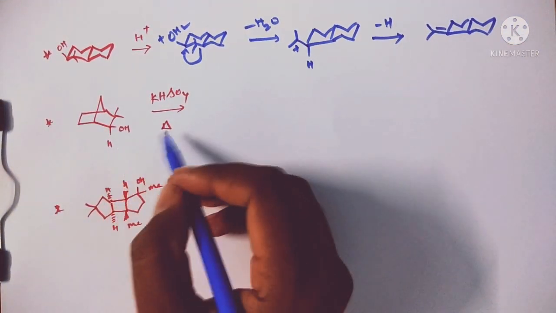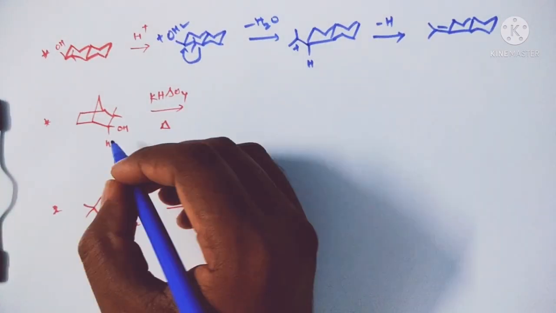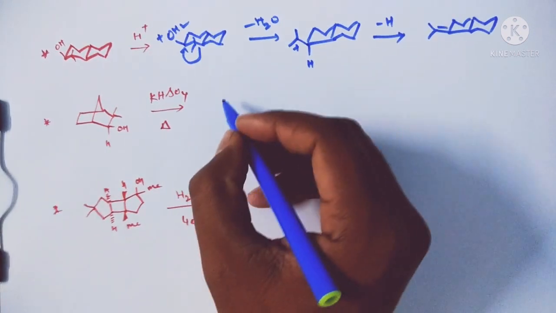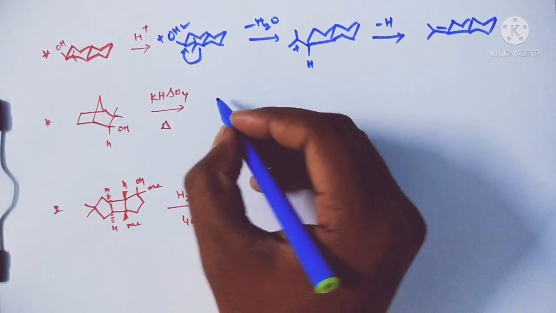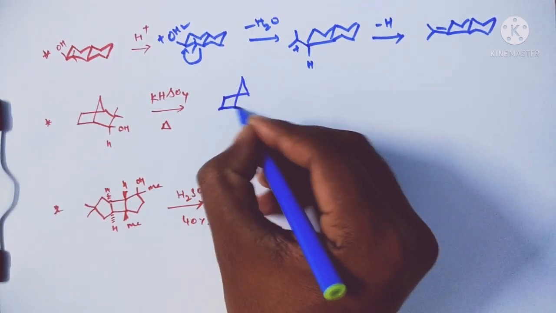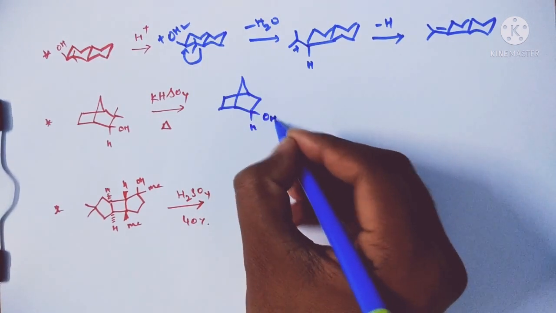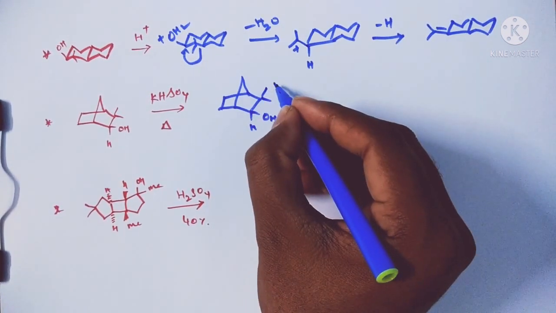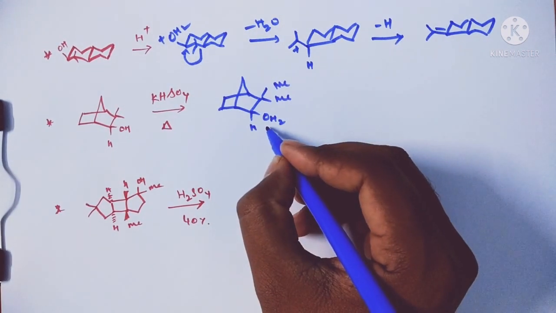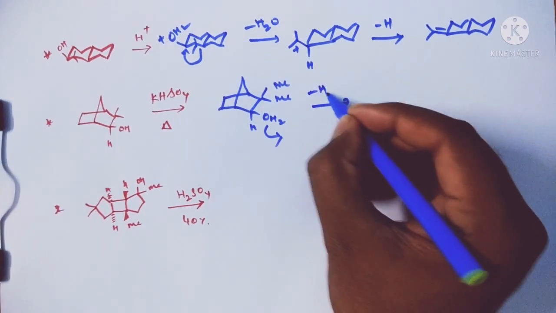If you look at the second example, in the same way, there is formation of the oxonium ion, OH2 plus methyl. The oxonium ion eliminates a water molecule.